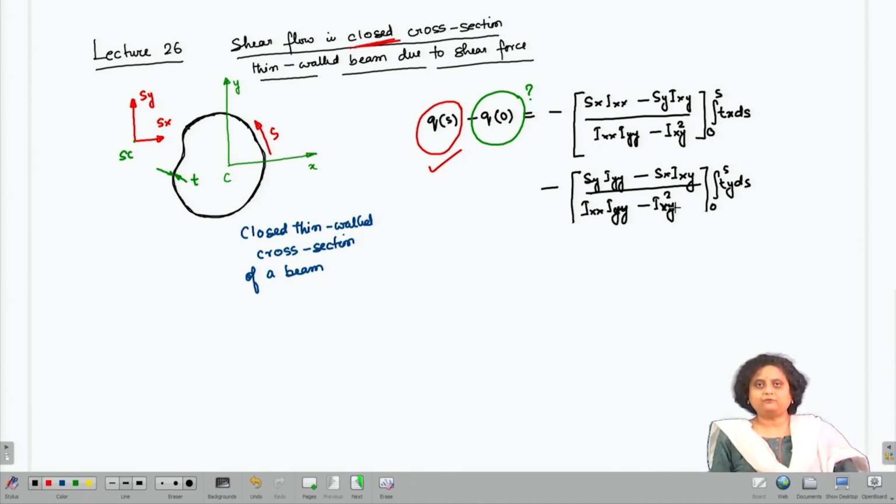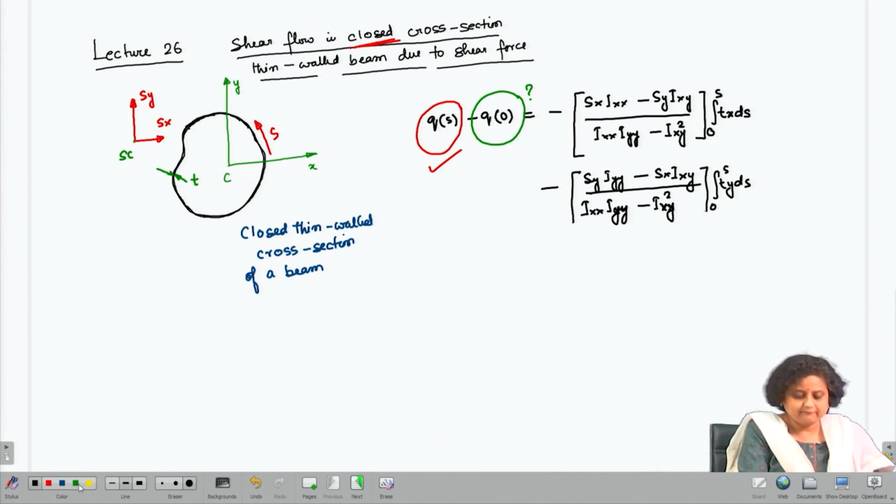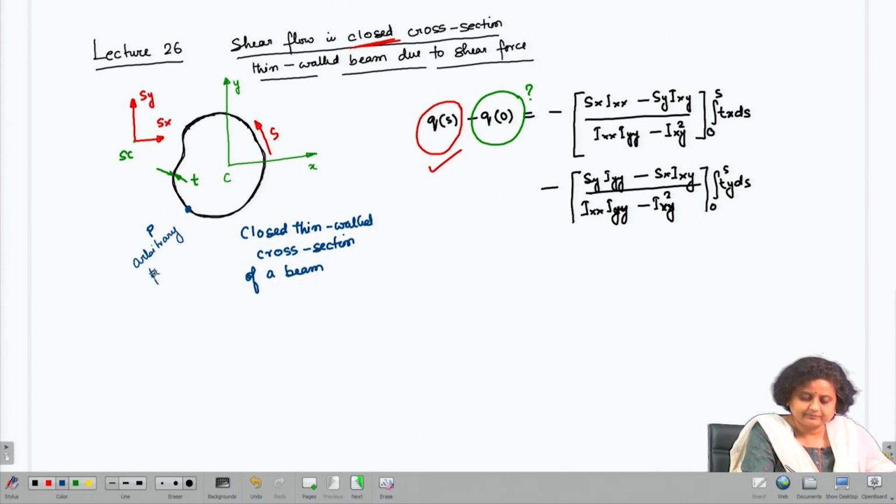Now, what we have to do is that we have to assume at any arbitrary point P, this is an arbitrary point, here we will assume that Q is equal to Q0, where Q0 is unknown.